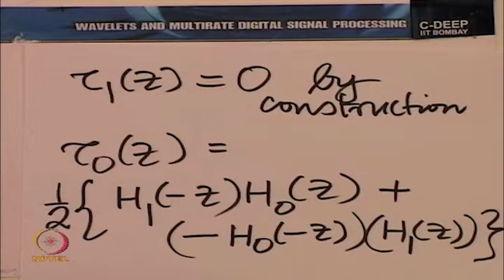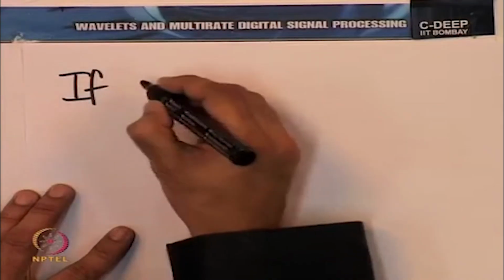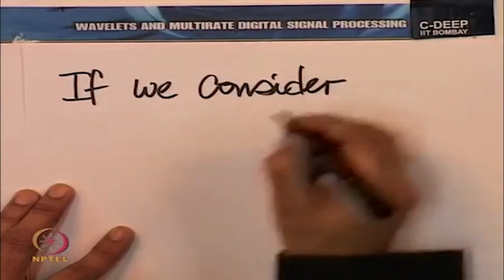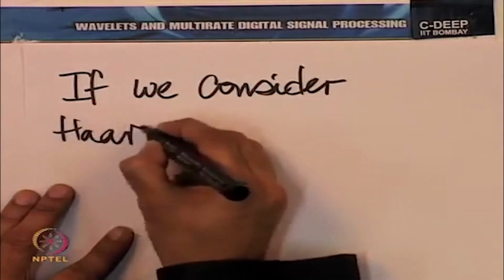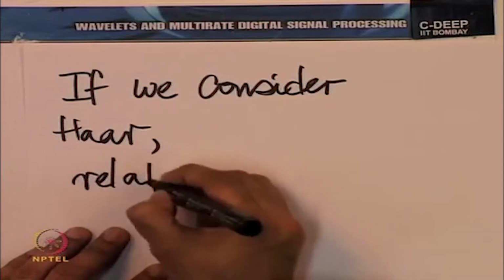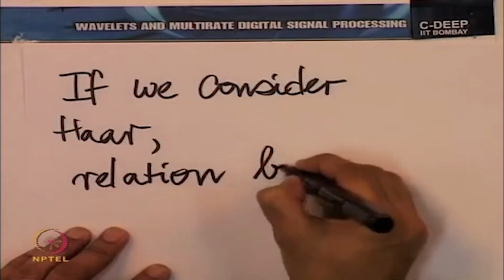So, we now focus on H 1 z. You see, if we look at the Haar, once again, there is a relation between H 0 and H 1.